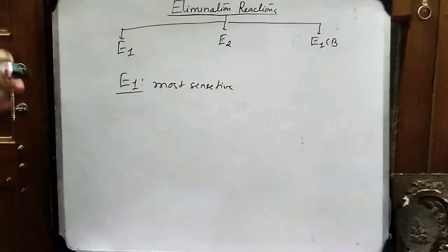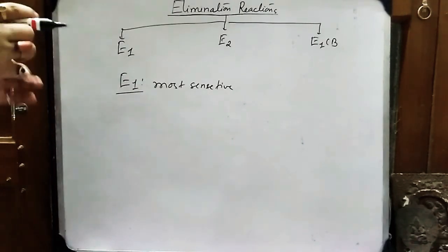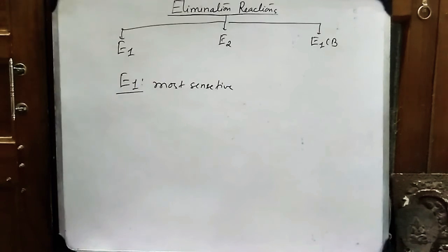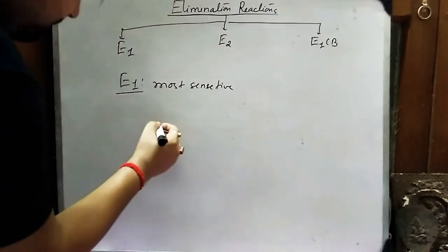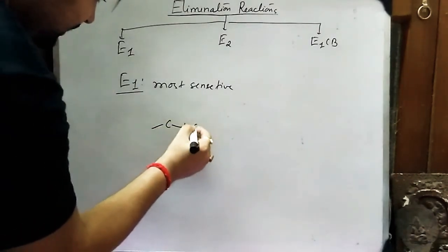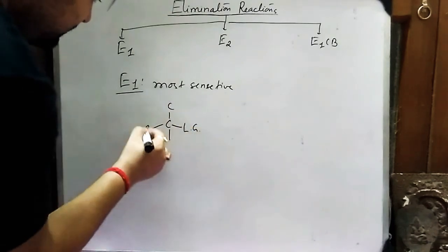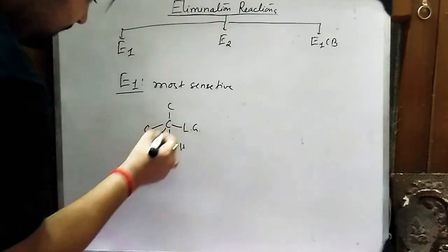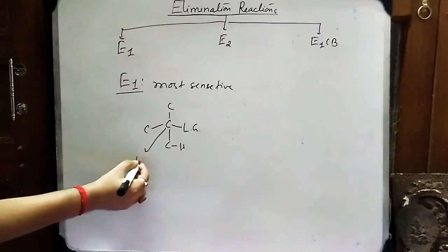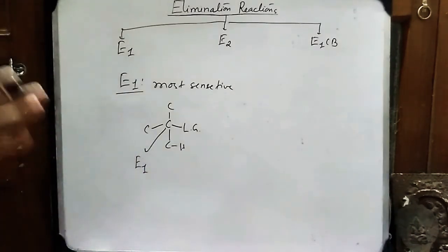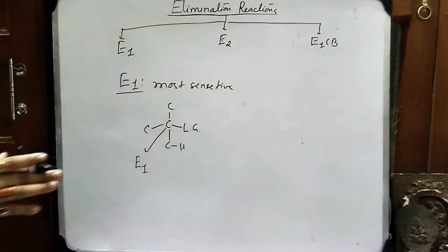But here, a different aspect is also present: if the carbon attached to a leaving group is 3 degree, then it will undergo E1 reaction under specific conditions. The specific conditions are very important.